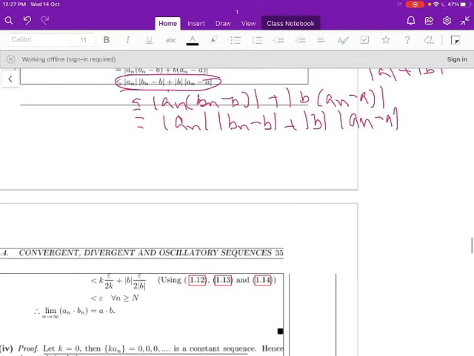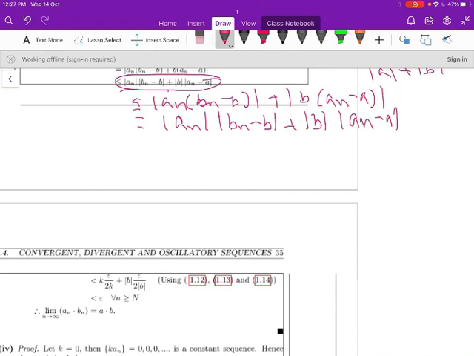Now this is less than modulus of an, and since an is a bounded sequence, modulus of an is less than k, and modulus of bn minus b is less than epsilon by 2k, and modulus of b as it is, and modulus of an minus a is less than epsilon by 2 times modulus of b plus 1.